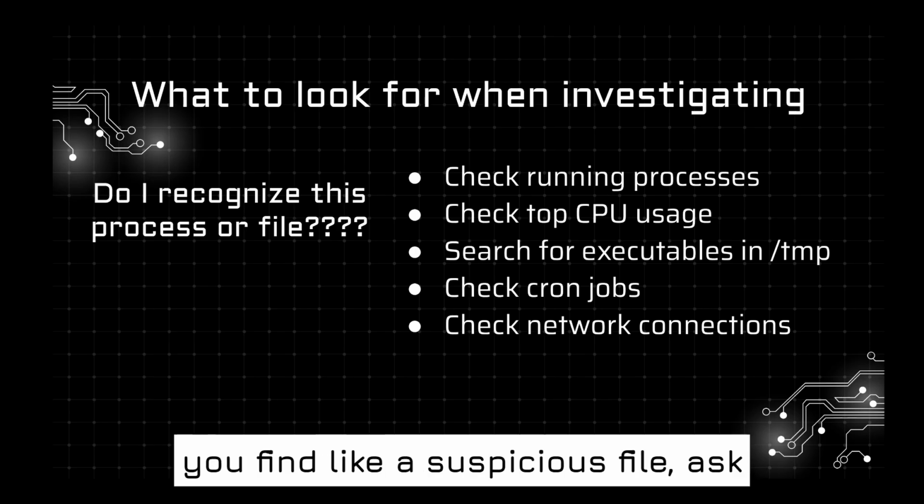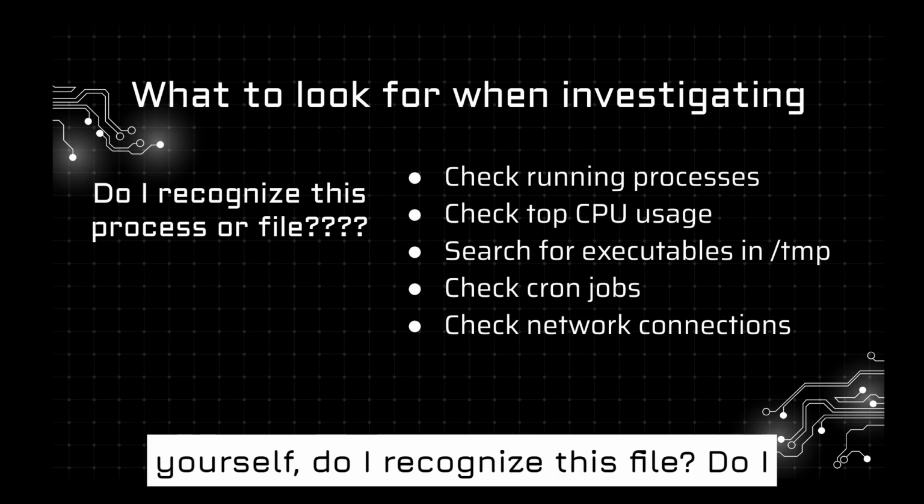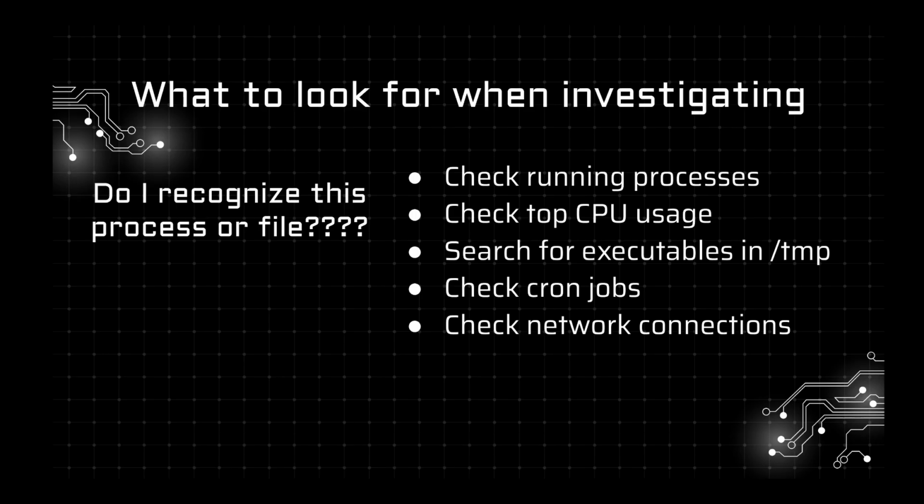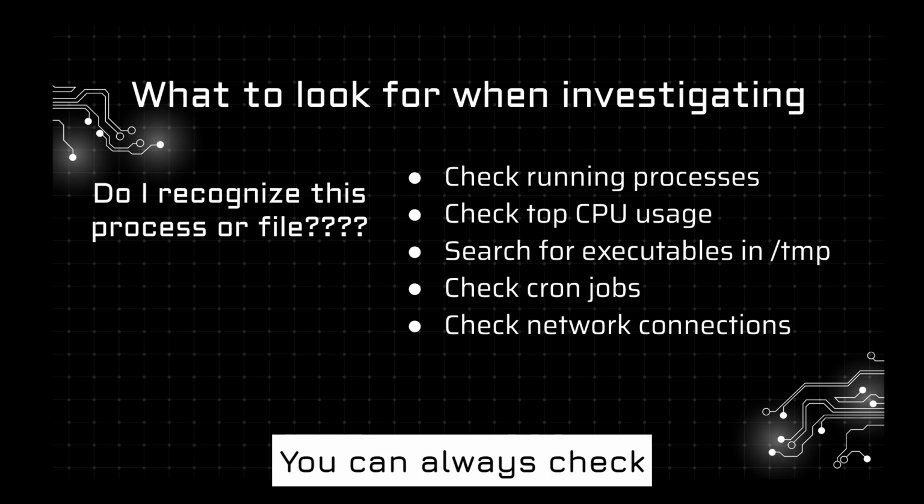Usually, if you find a suspicious file, ask yourself, do I recognize this file? Do I know this file? What is this file? You can always check it by running processes.